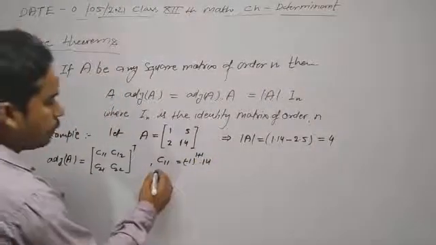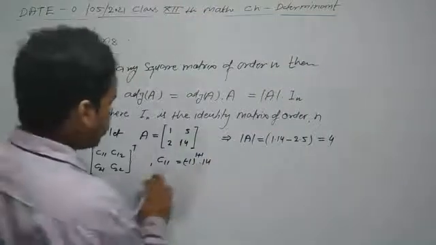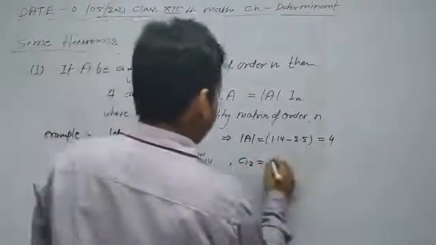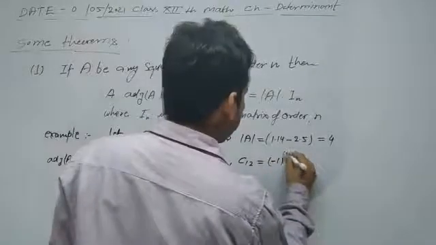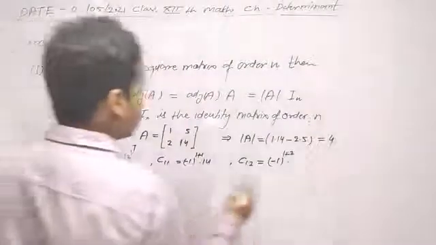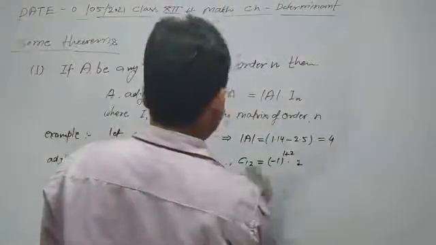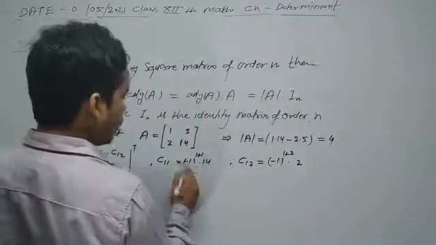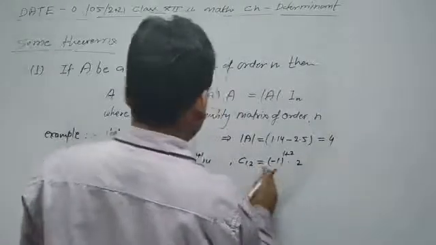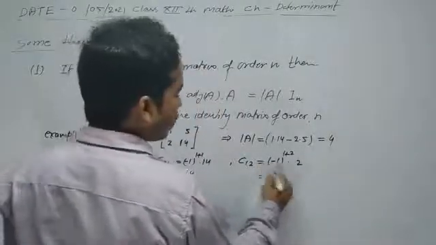Similarly, C12 is minus 1 to the power 1 plus 2 into the element left after deleting the first row and second column, which is 2, so the result is minus 2.